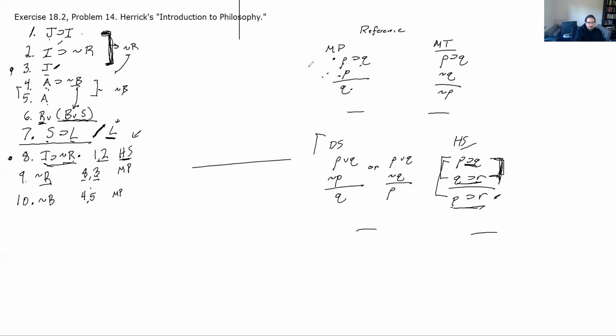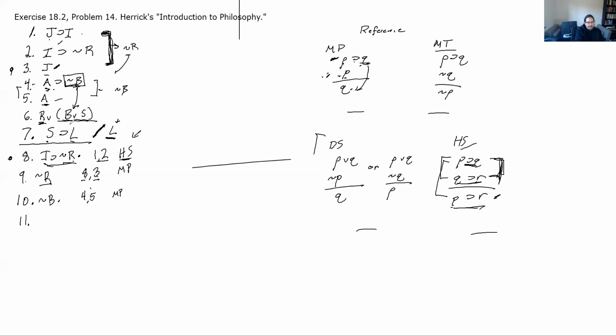So again, if P, then Q has the same form as if A, then not B. A is P, therefore Q is not B. So we just pull down the whole Q and put it right here. That's from lines 4 and 5, giving us our not B.